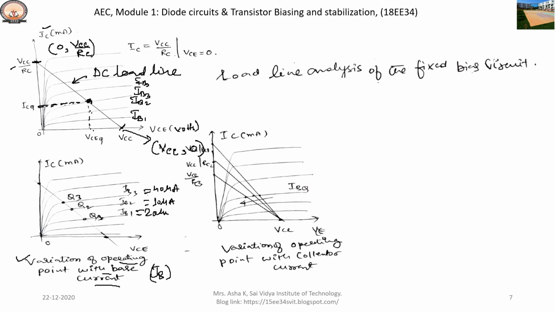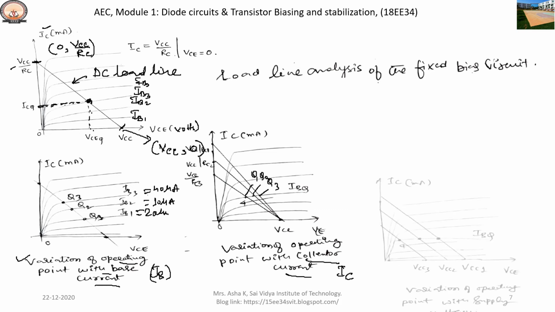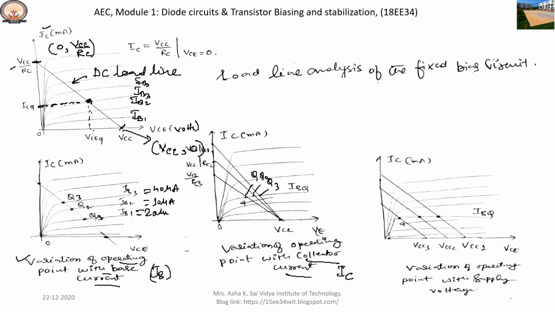Now by varying the collector current, that is the output current, we are able to get the 3 different operating points on the output characteristics curve. Similarly, with the variation of the supply voltage VCC, we will also be able to get different operating points.